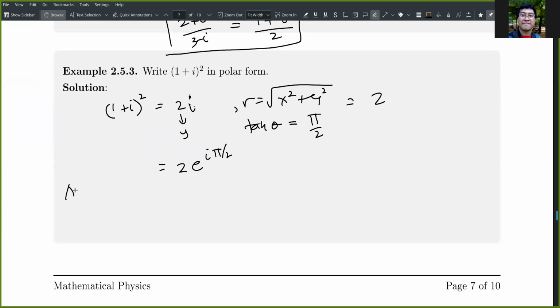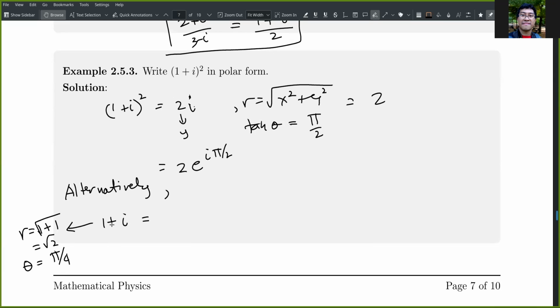Alternatively, we can write in polar form 1 plus i. So with 1 plus i, r here is the square root of 1 plus 1, the square root of 2, and theta would be pi over 4.